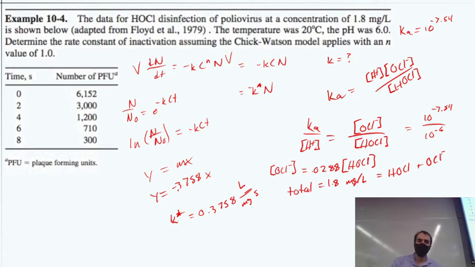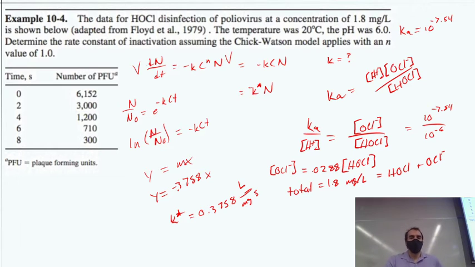Normally, we should convert the molecular weights so that we're not making errors, because 1.8 milligrams per liter of OCl minus is not 1.8 milligrams per liter of HOCl. If we were to fully convert that, there's going to be a slight error because the molecular weight is different, but it's pretty small. So let's leave that as a rounding error today. It's 51 versus 52 in terms of molecular weight.